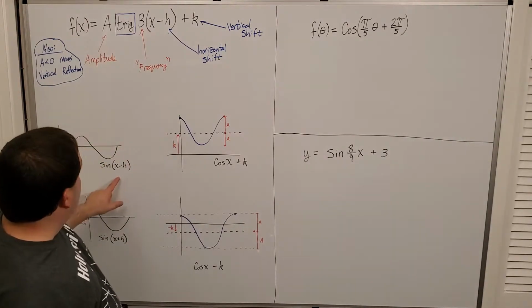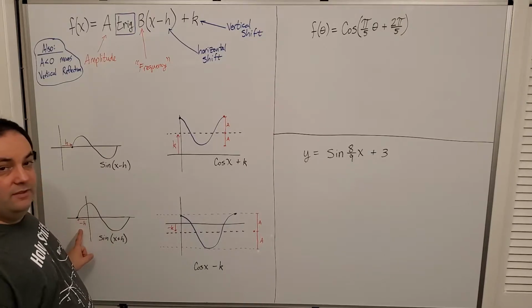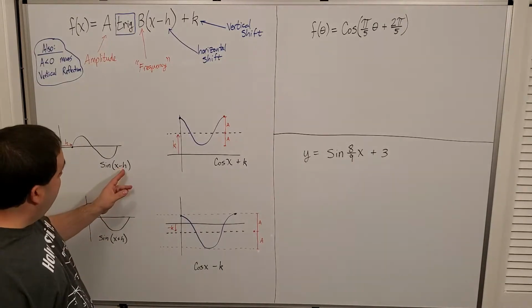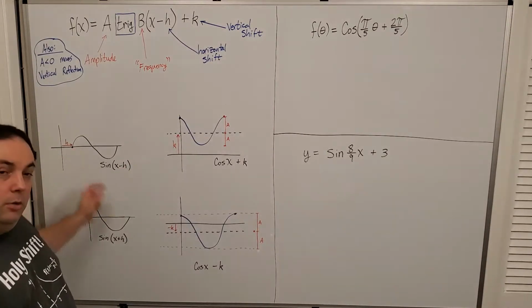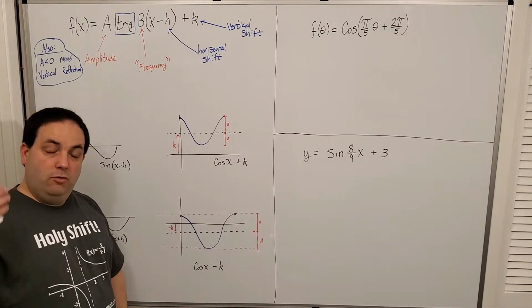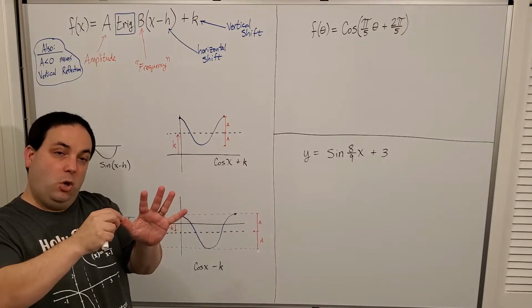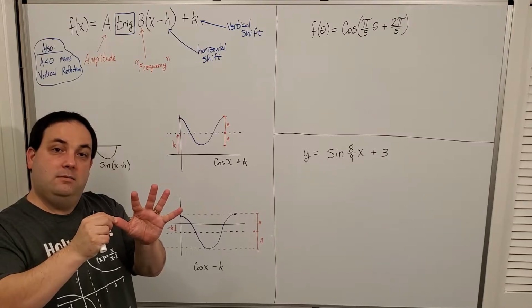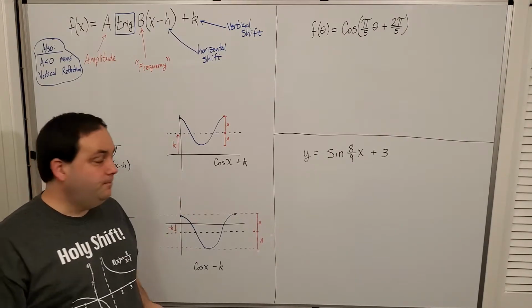So if you have minus h, it moves to the right, and if you have plus h, it moves to the left. And so you can actually just look at that number, and whatever the shift is actually becomes your new starting point. So remember, I do my 5 markers, okay, and my first marker is going to be whatever that shift is, because that's where my new starting point has been shifted towards.